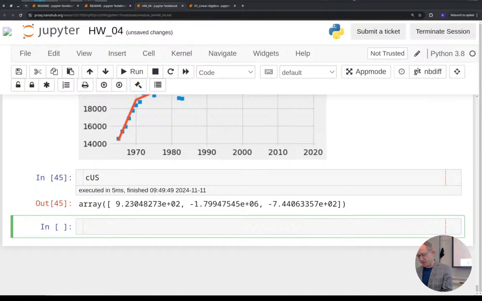If I'm trying to find the prediction for 2025, then it's going to be 2025 times this value plus this value. Well, I guess just minus that value.